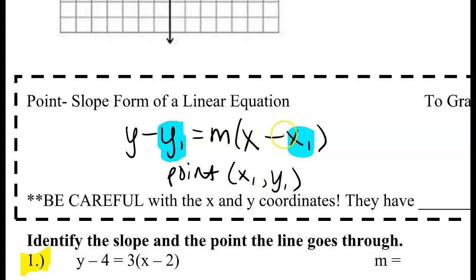Noticing that even though these are minus signs, both x1 and y1, as I wrote them here, are positive. And slope is given by that m. Once you have the point and the slope identified, all you need to do is plot the point on the coordinate plane first and then count the slope from that point.